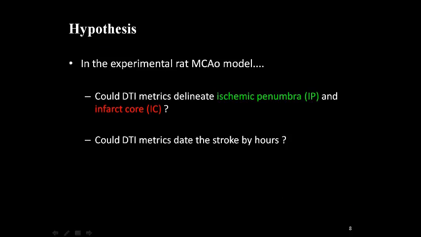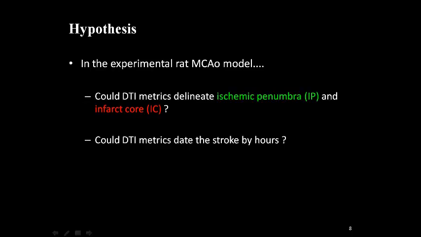We hypothesize that the evolution of DTI matrix changes may differ in IP and IC regions due to different stages of axonal and myelin damage as a result of a different extent of perfusion deficit. Accordingly, could the DTI matrix delineate IP and IC?